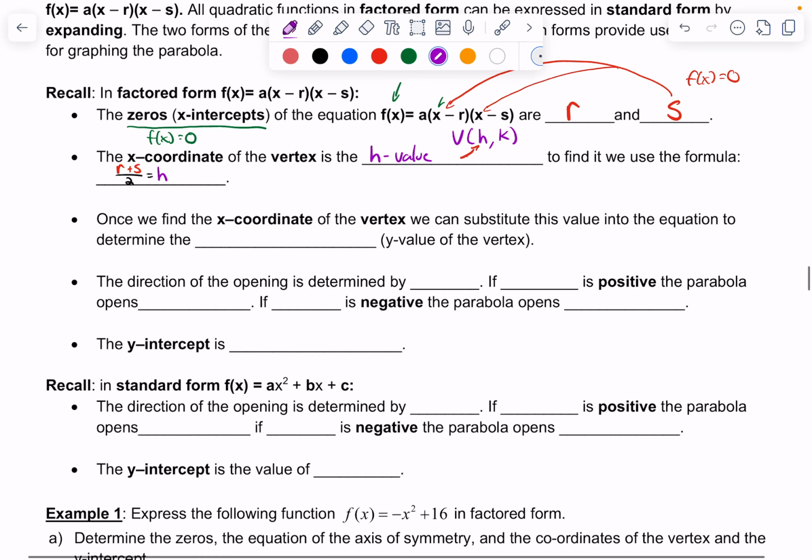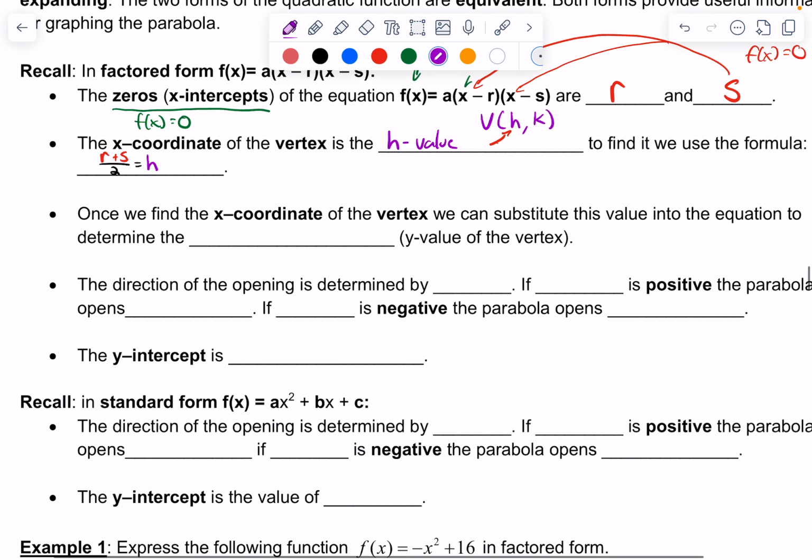And once we find the x-coordinate of the vertex, we can substitute this value into the equation to determine the k value, the y value of the vertex, which is this part right up here. Okay?